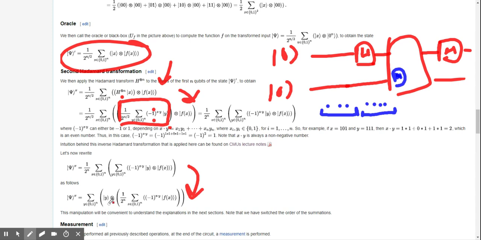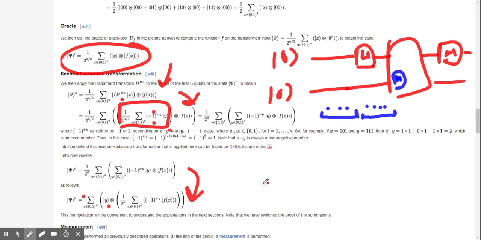Because in order to be able to do that, it kind of means y is not in superposition, is it? It's really weird. I'm missing a coefficient in here, or I just don't understand it.